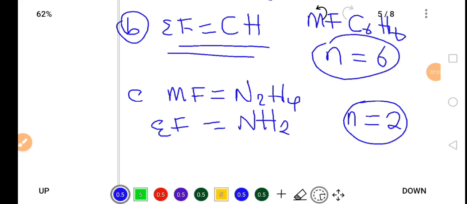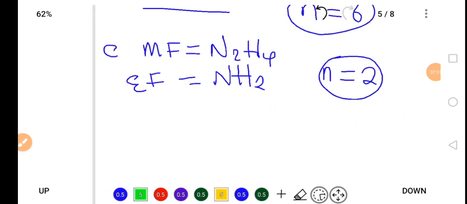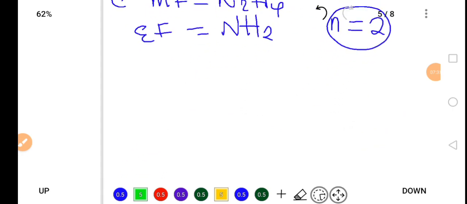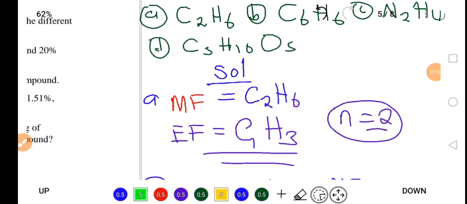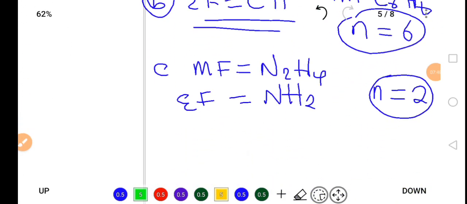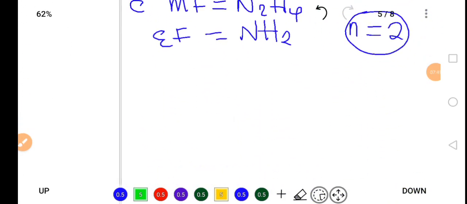And then D, we have C5H10O5. So here we have pentose sugar.